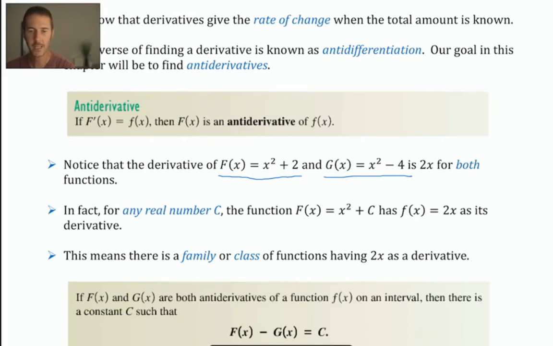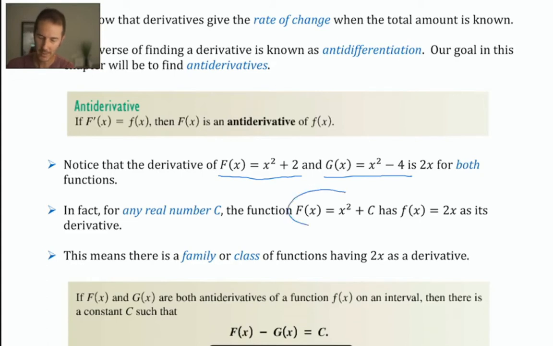What if I take the antiderivative of 2x? Which one of those functions am I going to get back to? x squared plus 2 or x squared minus 4? And the answer is, and this is where it's a little confusing, you get both of them, plus a whole bunch of other ones.